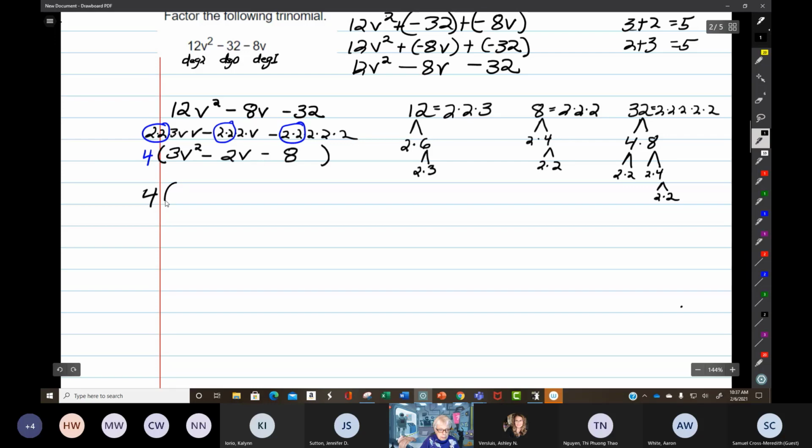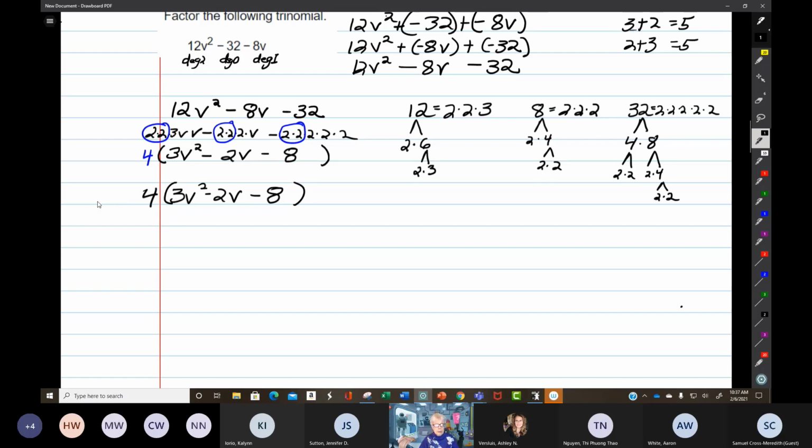For parentheses, 3v squared minus 2v minus 8. Where this is a quadratic trinomial, but A does not equal 1.